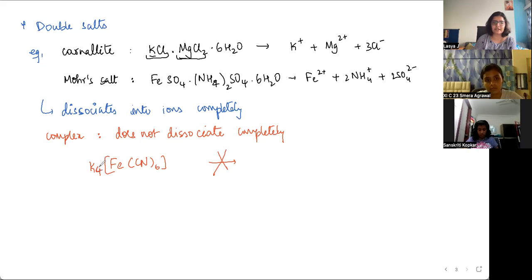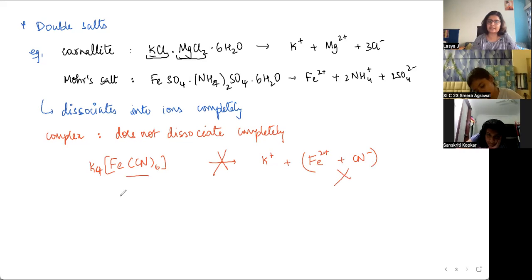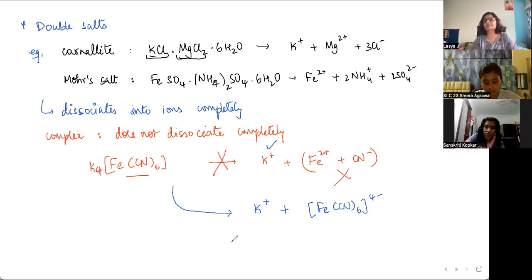If we neutralize this with potassium cations, this will give me K plus, yes, but this part will not dissociate because it is inside the coordinate compound. So instead, this is going to dissociate into K plus and the complex anion Fe(CN)6 4 minus. So that's an important distinction between double salts and complex salts.